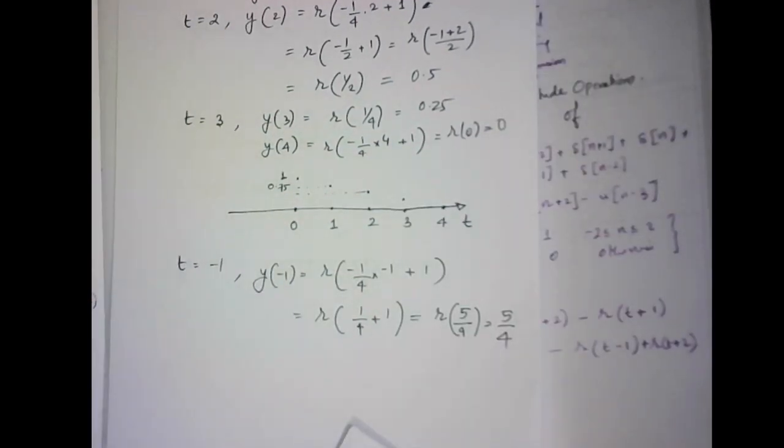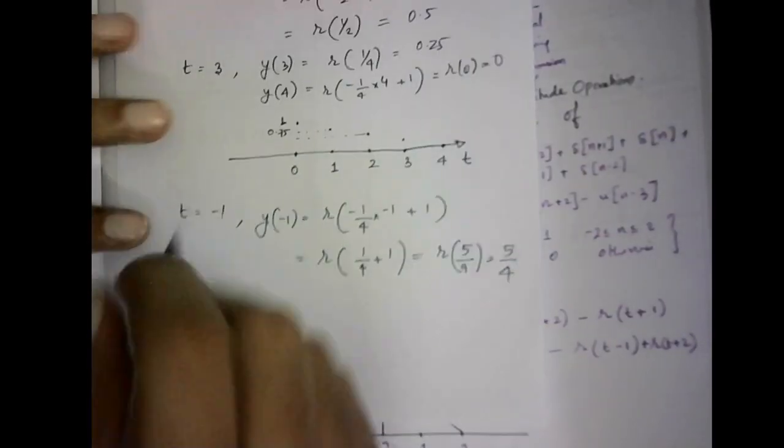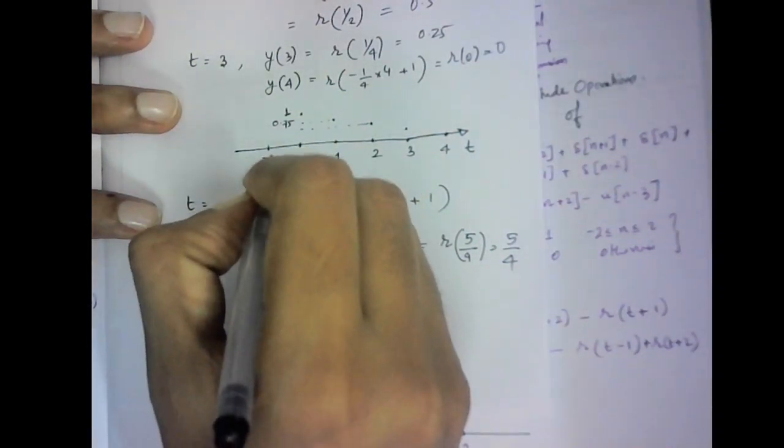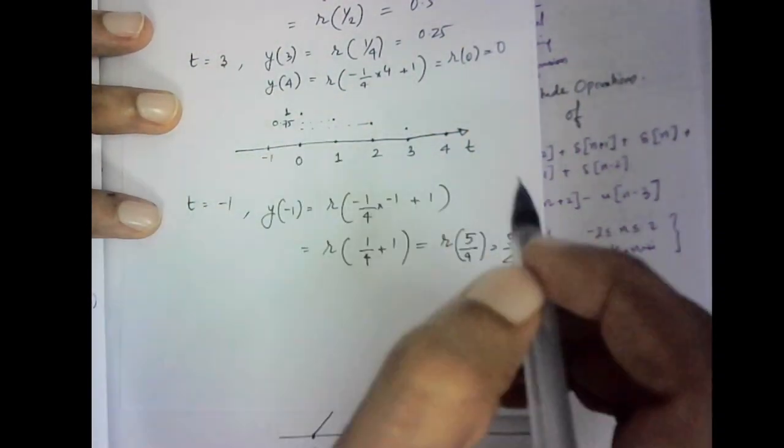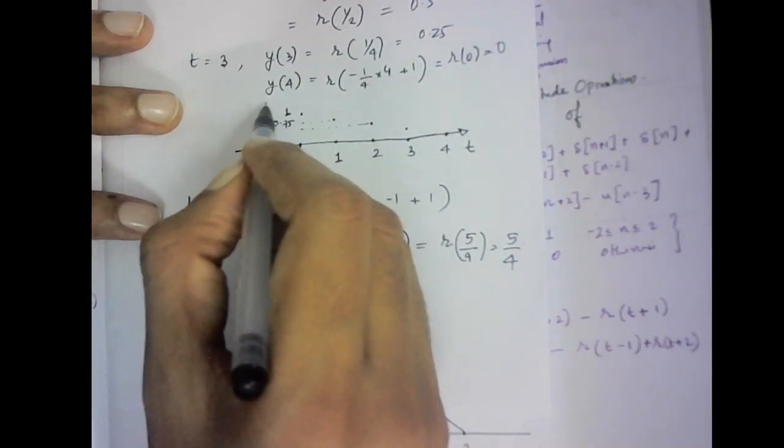Okay, so 5 by 4. So t is equal to minus 1 corresponds to 5 by 4, which is something around 1.2.